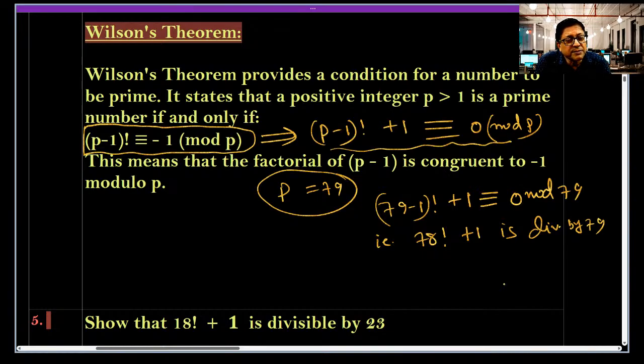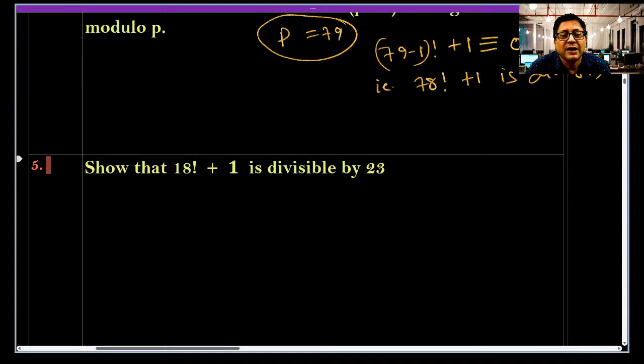Wilson's theorem's converse states that if (p minus 1) factorial plus 1 is divisible by p, then p must be a prime number. We will find the application only. Let us go for these simple applications one by one. Learn it today and apply it in solving good problems.